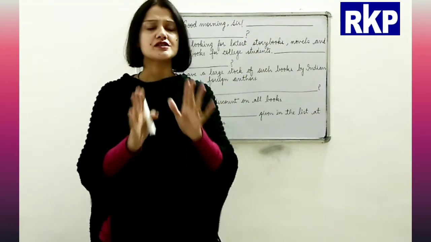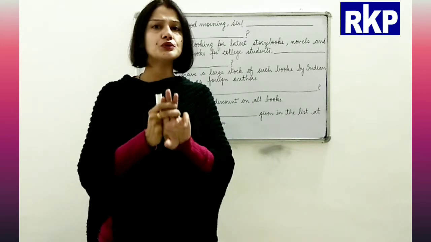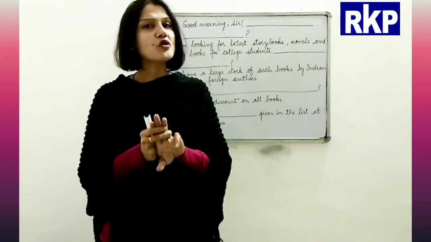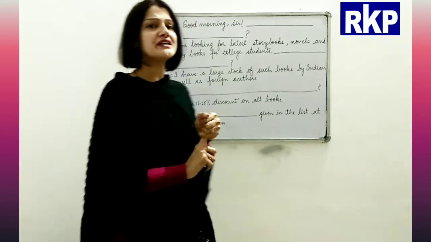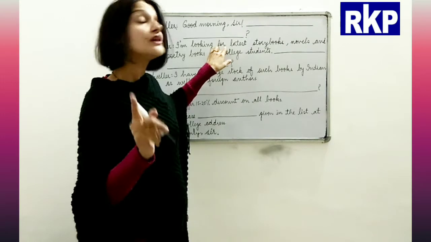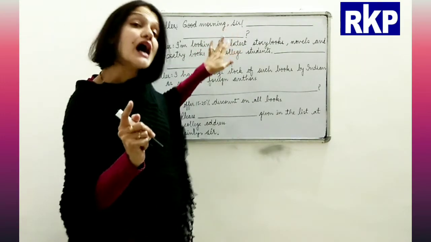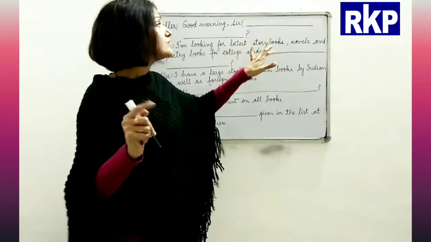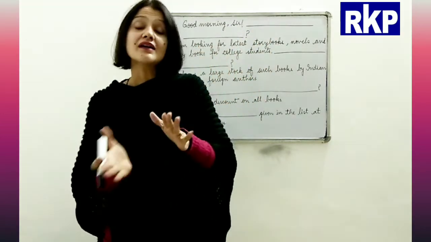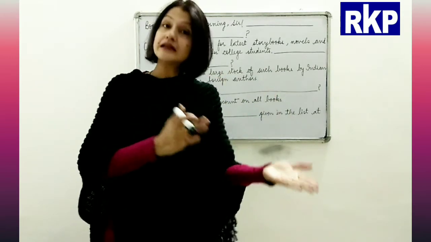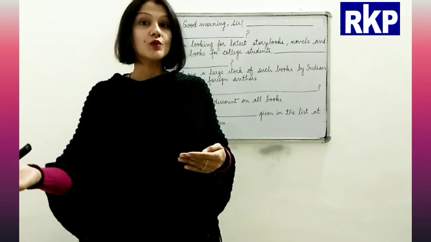There are 3 points which you need to consider before supplying a dialogue. The first point is always look at the sentence before and after the blank so that you get a clear idea what has been said earlier and what has been said afterwards.